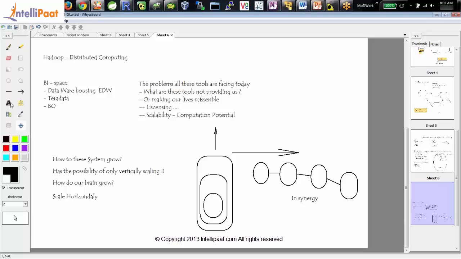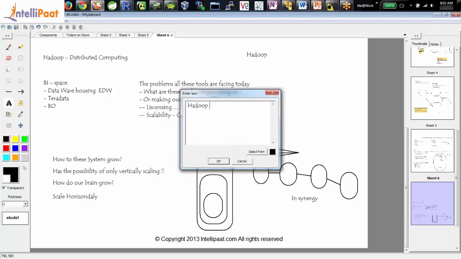Now let's correlate it back to Hadoop. So what kind of scaling does Hadoop have? Vertical? No, it's horizontal scaling. Scaling is absolutely horizontal.